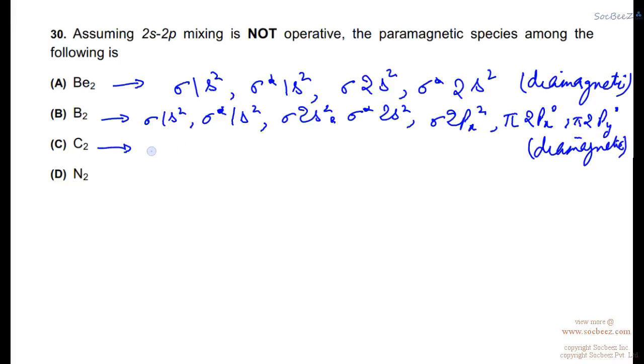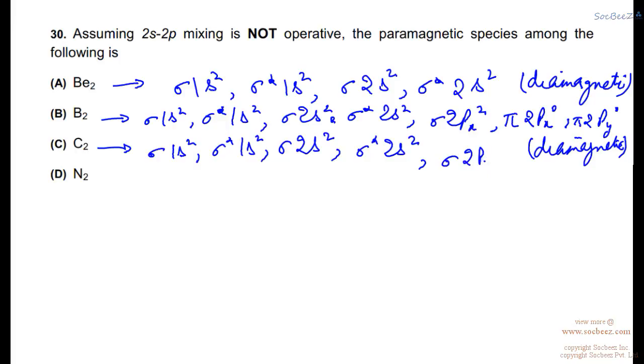Okay, now for C2, the arrangement is sigma 1s2, sigma star 1s2, sigma 2s2, sigma star 2s2, and sigma 2pz squared.